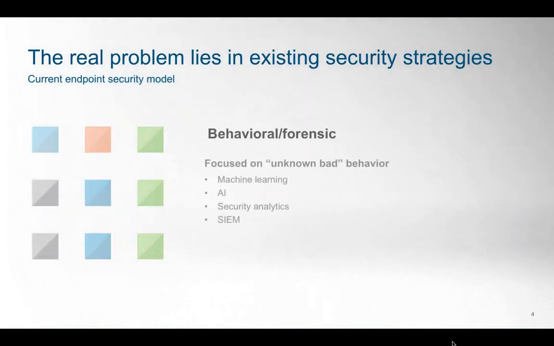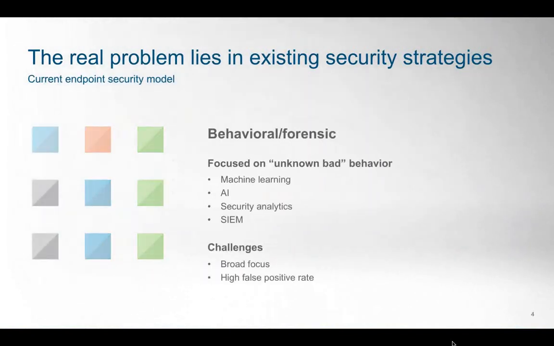The second approach, which we often use in the world of security, is based on analytics and behavior analysis. Based on the advances in technology with machine learning and artificial intelligence, the main aspect here is to look at the analytics and behavior of a particular system and then focus on the unknown bad behavior.